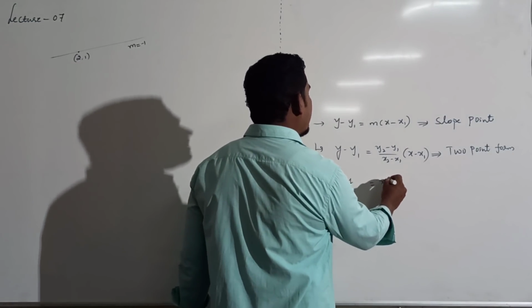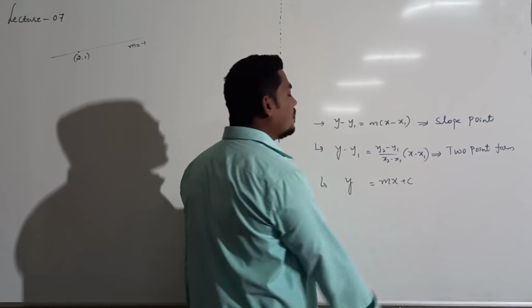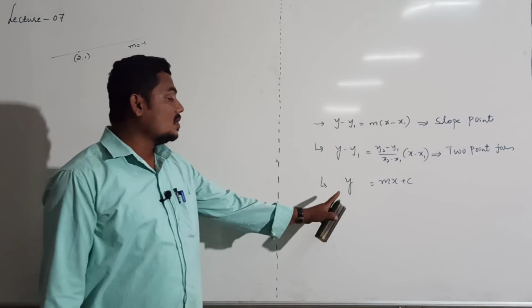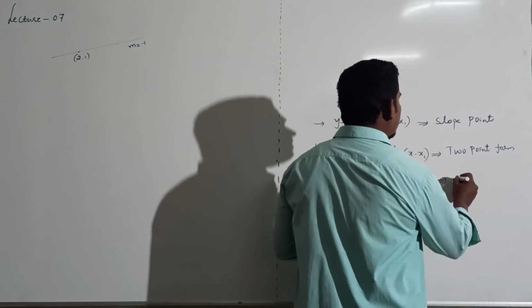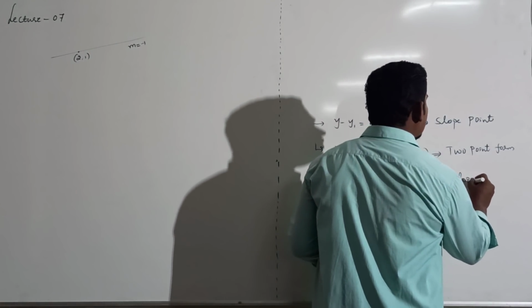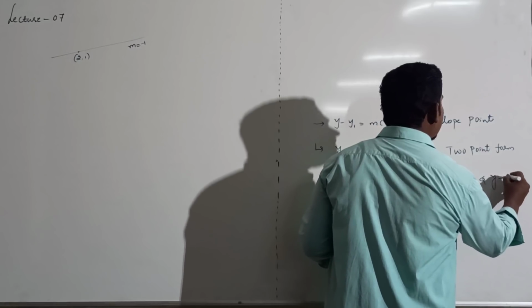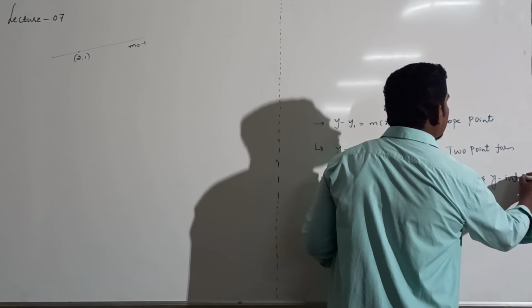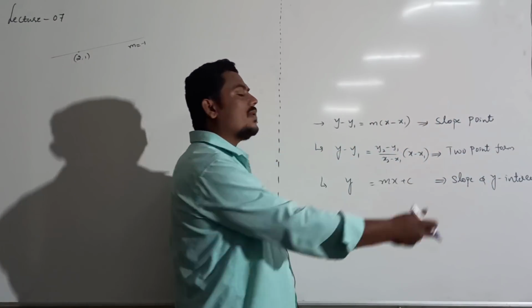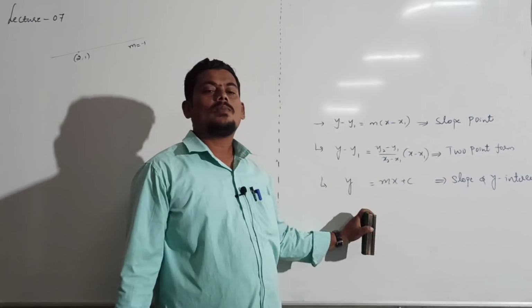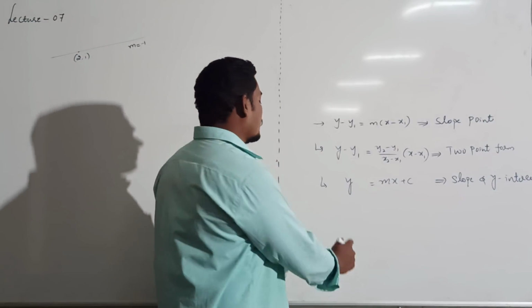After that, y is equal to mx plus c. When this formula is applicable, y equal to mx plus c means slope and y intercept is given. Whenever slope and y intercept is given, then use the formula y equal to mx plus c.